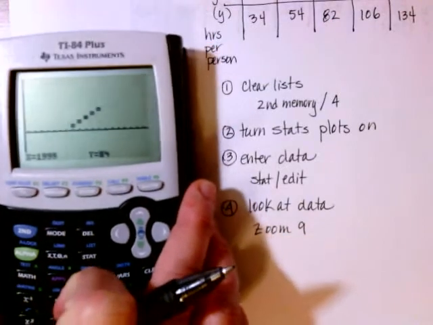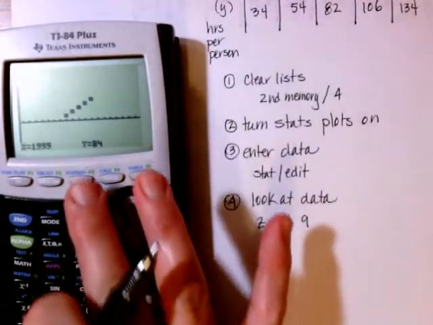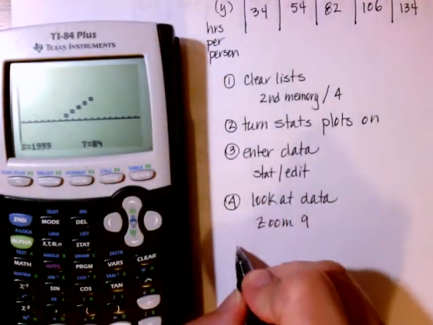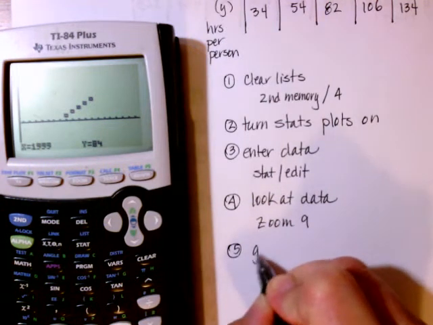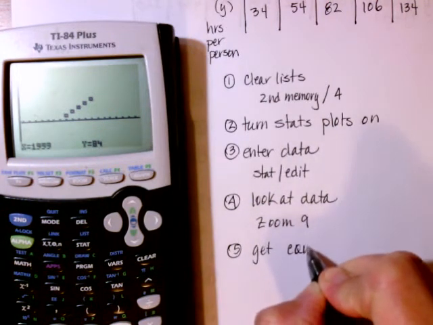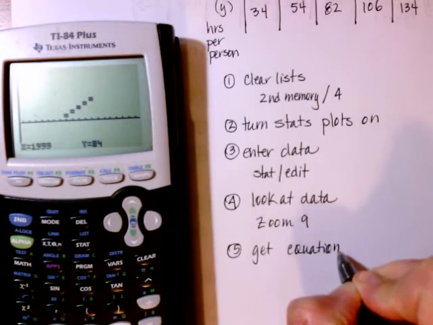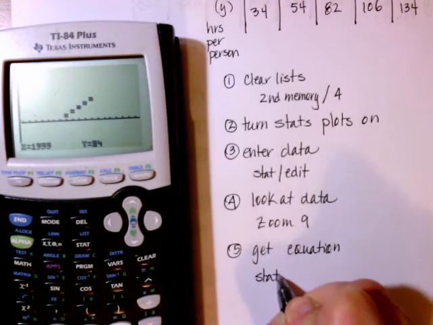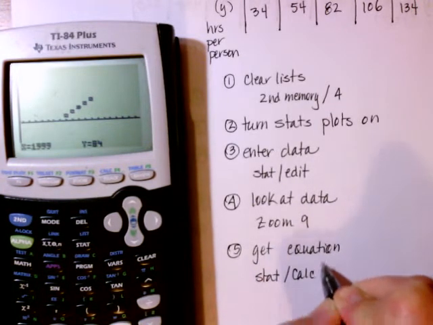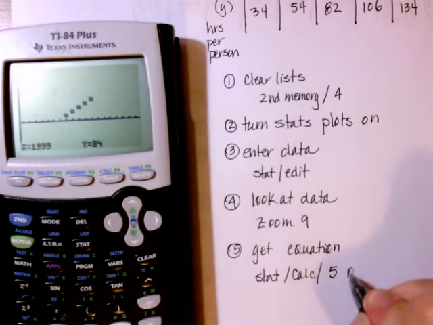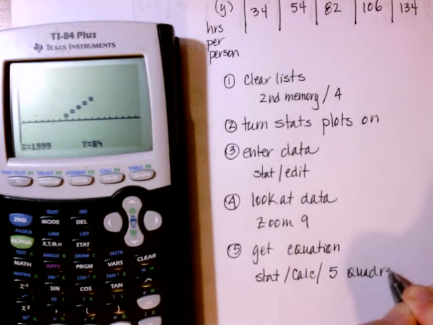Okay, so now the next step is to get our equation. To do that, I'm going to do stat, calculate, and I'm going to choose 5, which is the quadratic regression. And then I have to tell it where my data lives.